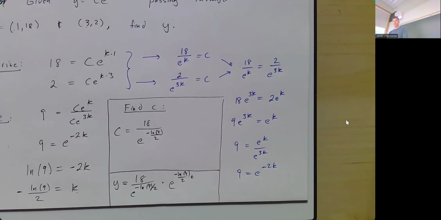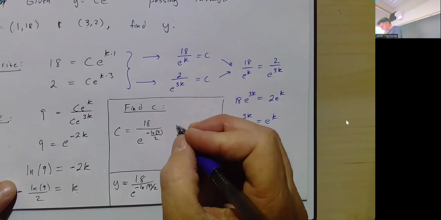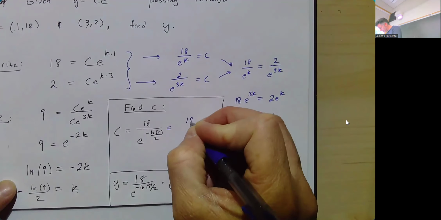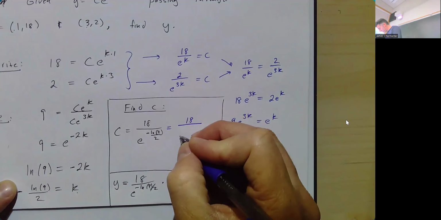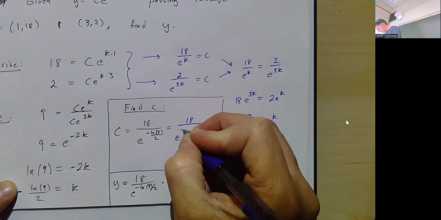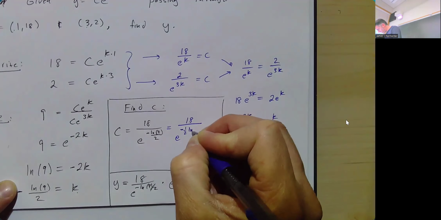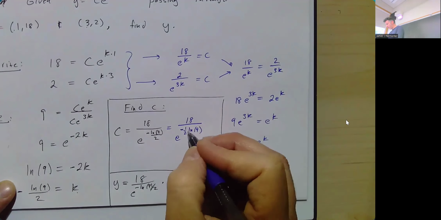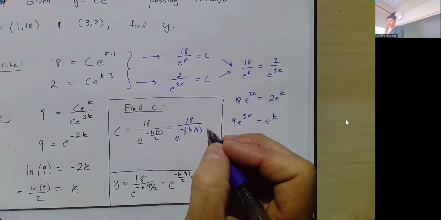Now I'll point out, because I think it's worth pointing out, that e to the negative natural log of 9 over 2 is simplifiable. You could write this as 18 over e to the negative 1/2 times natural log of 9. And then that negative 1/2 can come up as the power of 9 in the logarithm.